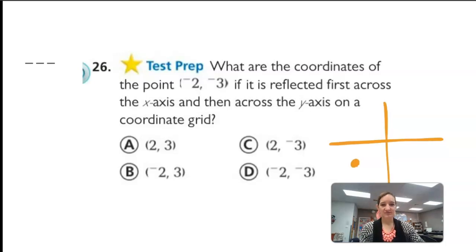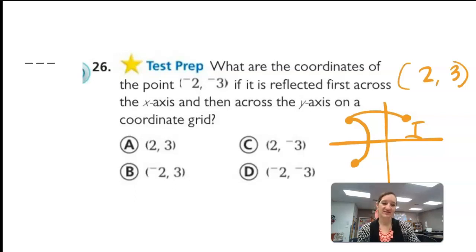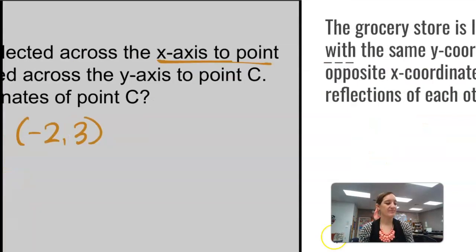And then let's reflect it across the x-axis and then across the y-axis. So I'm going to keep the 2 and the 3. And the only thing that's going to change is I need the positive and negative signs for quadrant 1, which is positive, positive. So the ordered pair will be (2, 3). Because we reflected x and y, we got the exact opposite.